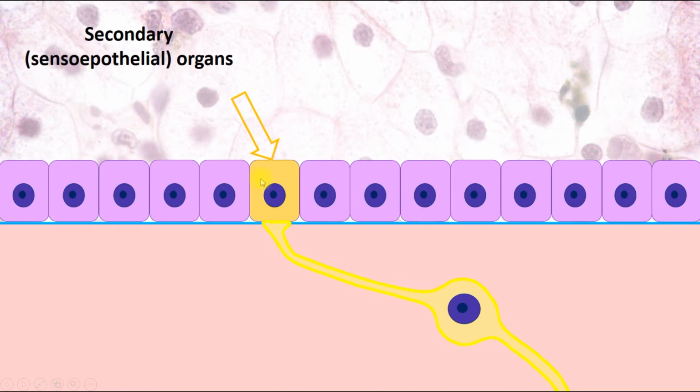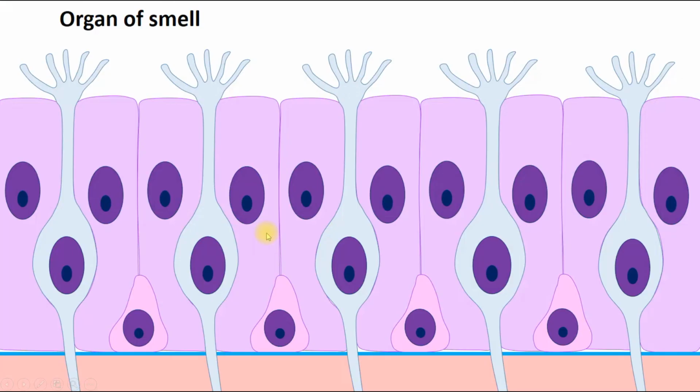In primary sensory organs, there are nervous cells which receive information directly, but in this case, conduction of information is indirect. So we have two basic types of sensory organs, primary and secondary, or neurosensory and sensory epithelial organs.